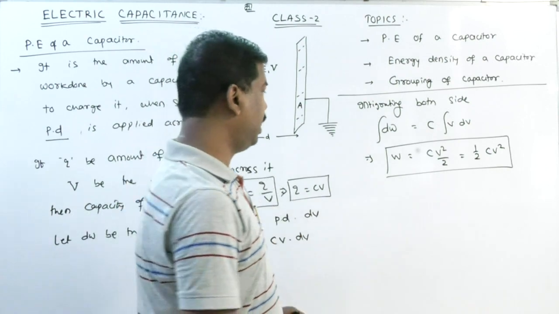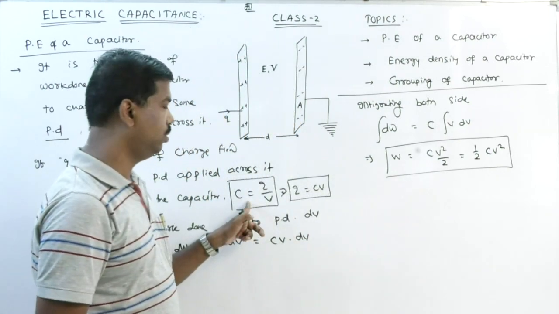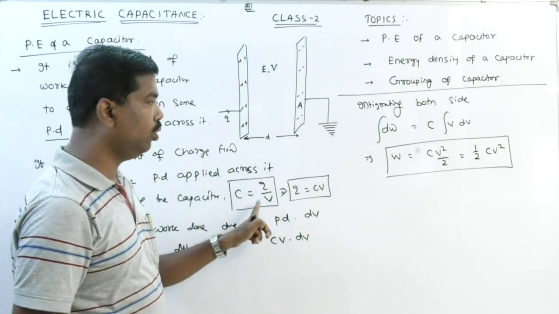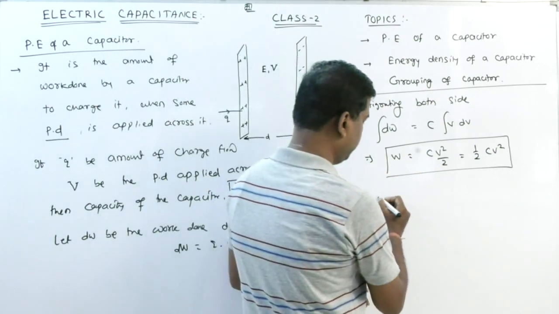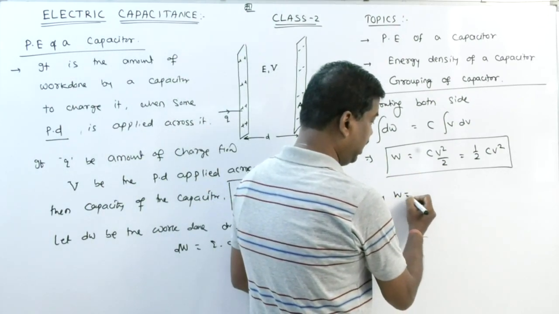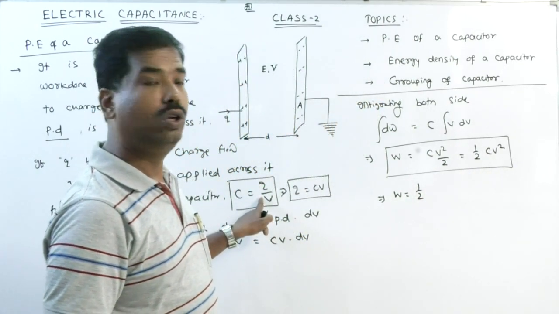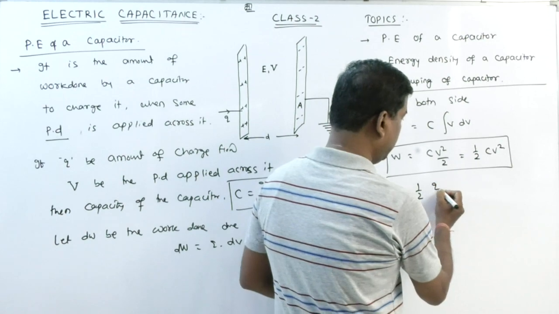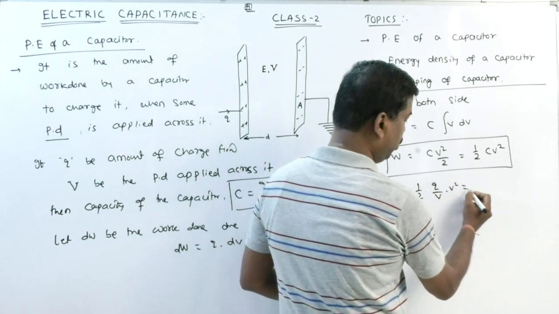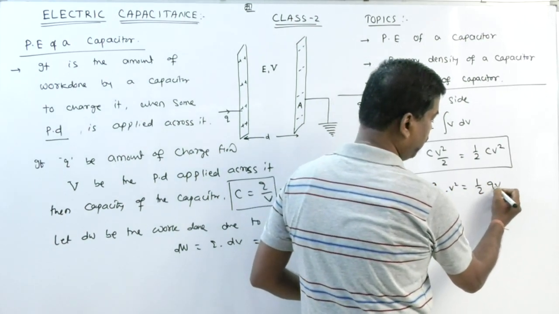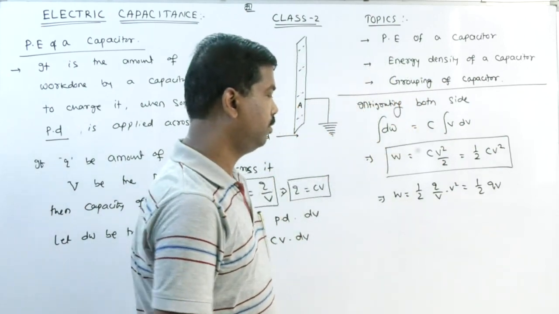Clear? But as we know that Q is equal to CV or C is equal to Q by V, I can find it here. W is equal to half, instead of C, I can use Q by V. Q by V into V square is equal to half QV.